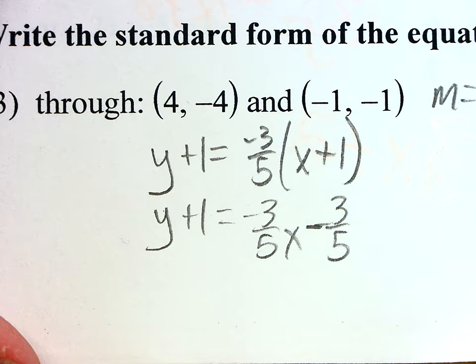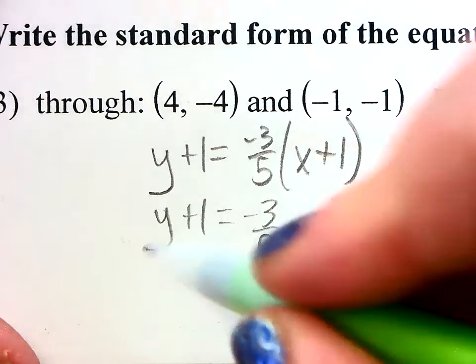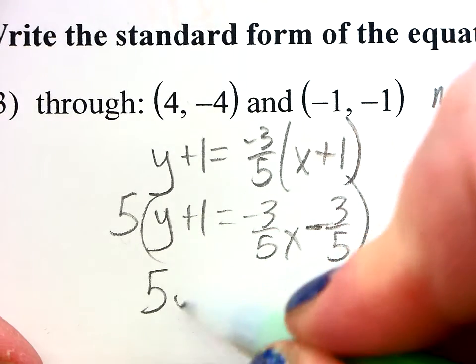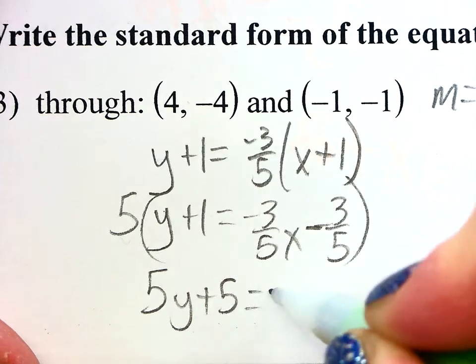Now what? You can, but I feel like there's an easier way. Yeah, I'd clear the fractions right here, so I don't have to deal with them anymore. You have to distribute before you clear fractions, but once you've done that, it will make my life much easier.